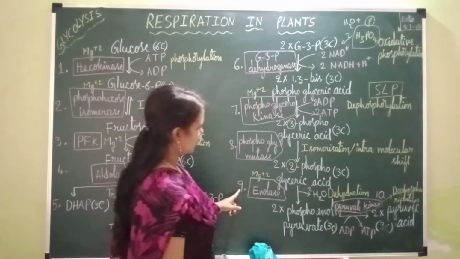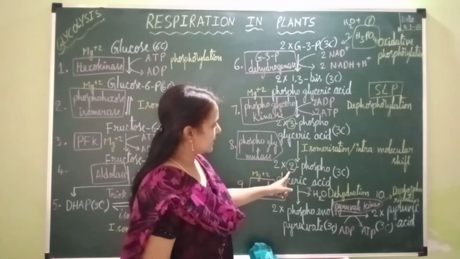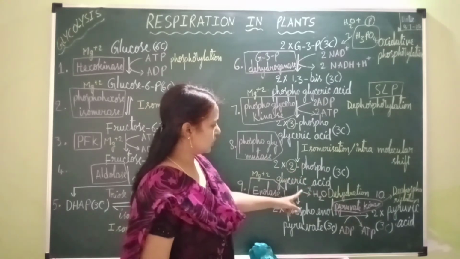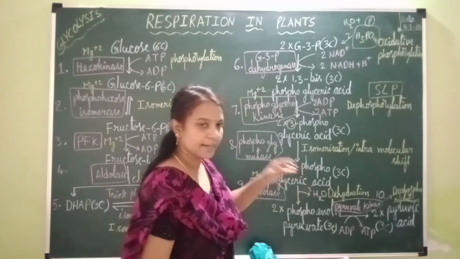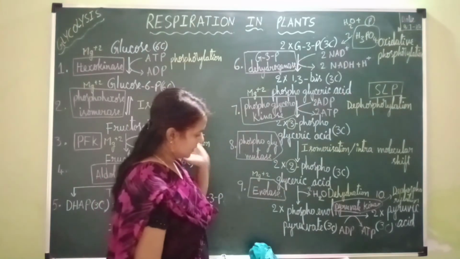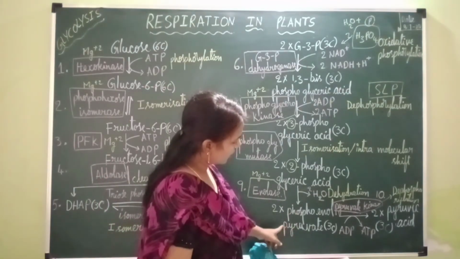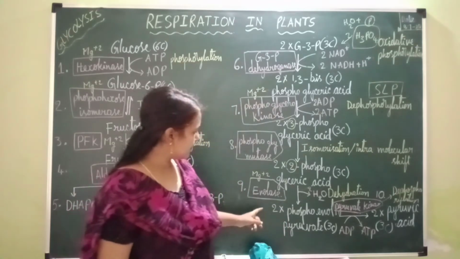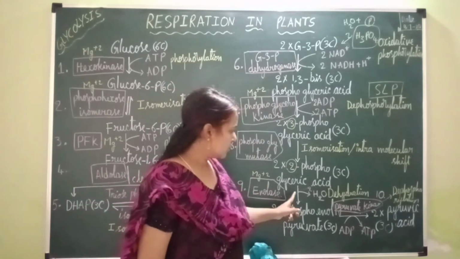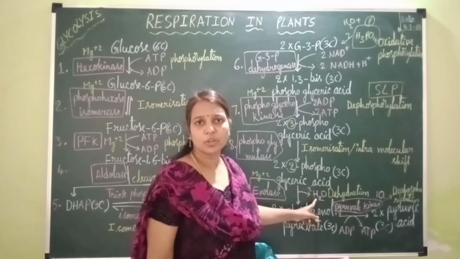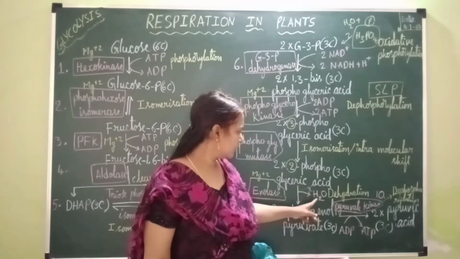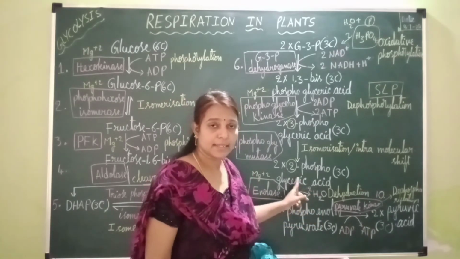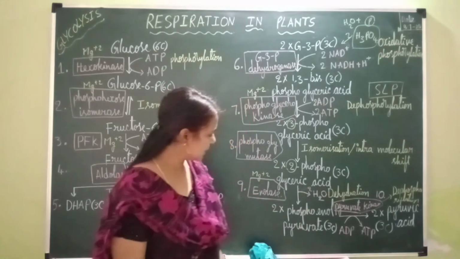Right. Next, coming to 9th step. In this 9th step, two molecules of 2-phosphoglyceric acid undergo dehydration, that is removal of water, into two molecules of phosphoenol pyruvic acid or pyruvate. This step is catalyzed by enolase. Due to dehydration, one molecule of water is released from one molecule of phosphoglyceric acid, so two molecules of water are released.